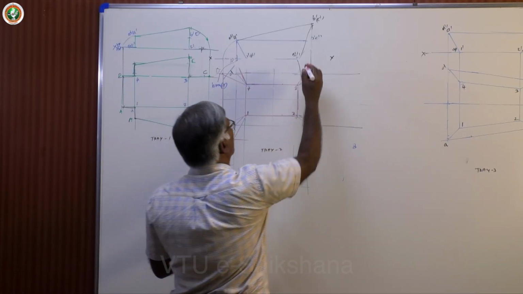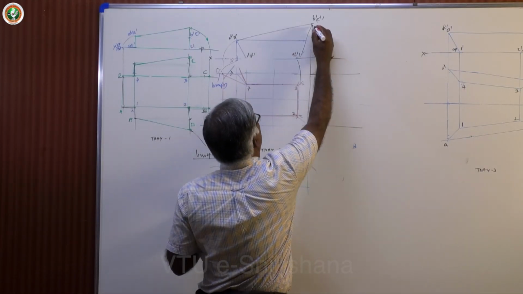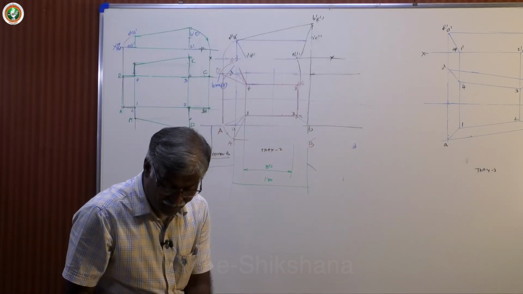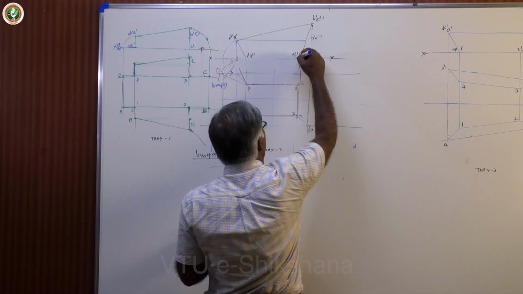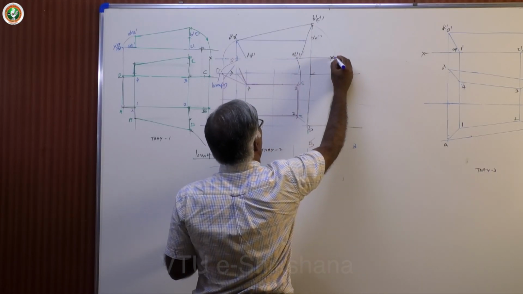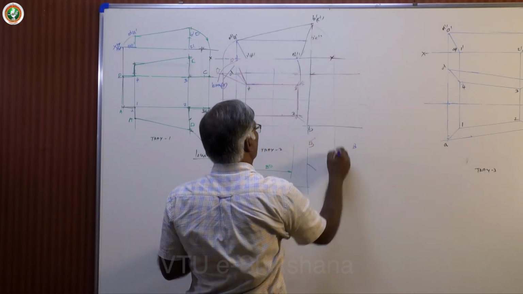Okay, now what you do is take this radius, rotate, make it parallel. This is a line reference. Then you get this point.